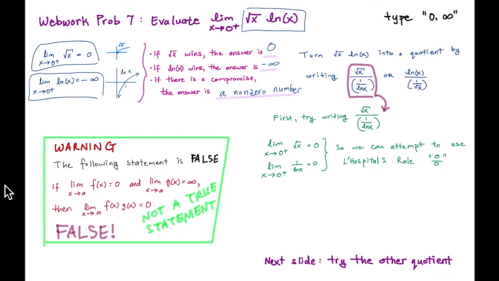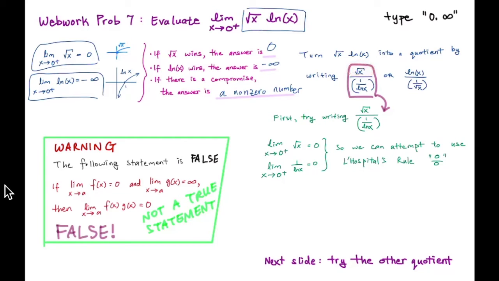And what we have to do is first turn this product into a quotient. What you can do is either keep this square root of x alone, but replace natural log of x with 1 over natural log.